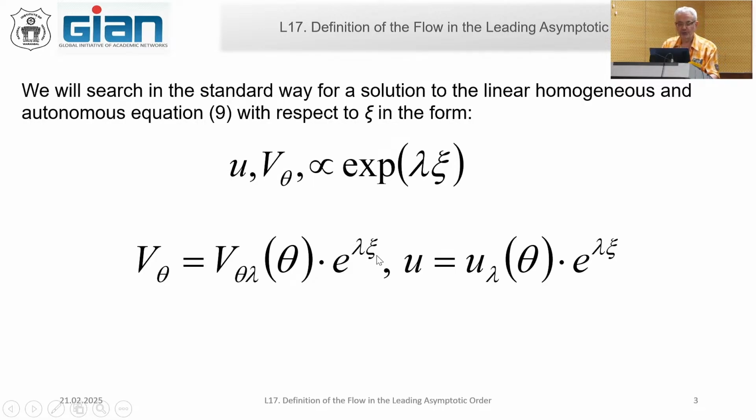I just remind you that this xi is the ratio of the difference between the actual r and the boundary, so it's a small value, divided by the square root of the Ekman number, which is also a small value. So these small values are both compensated in the boundary layer, but if we go outside the boundary layer, this works in the opposite direction. It's not compensated, but it begins to diminish.